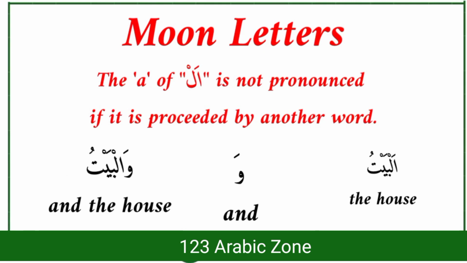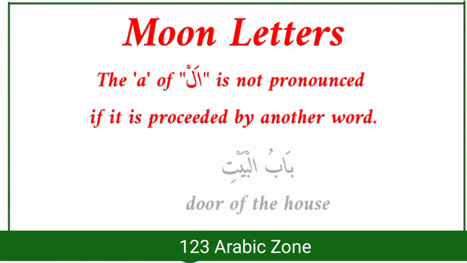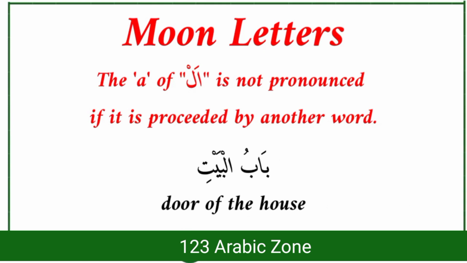You see here that al is not pronounced because of the preceding word, and that word is wa. Let's see one more example. Babul bayti. The door of the house.